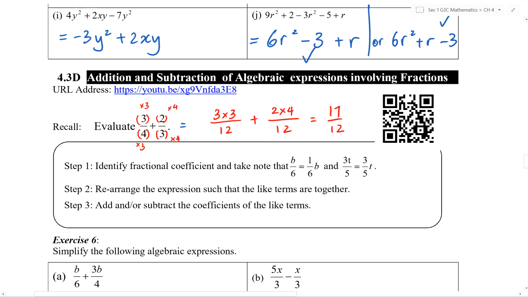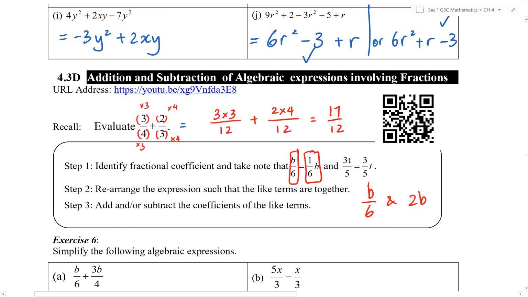Okay? Then the next thing you need to know is that b over 6 is the same as 1 over 6 times of b. Have I covered this before? Yes, and this is particularly crucial because you need to recognize that b over 6 and 2b are like terms.